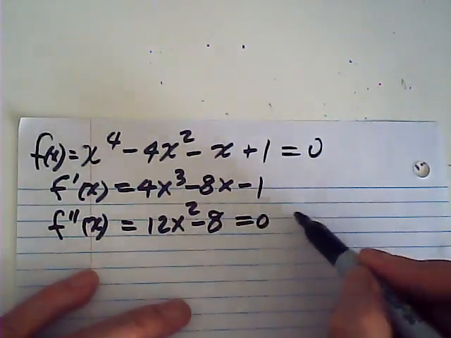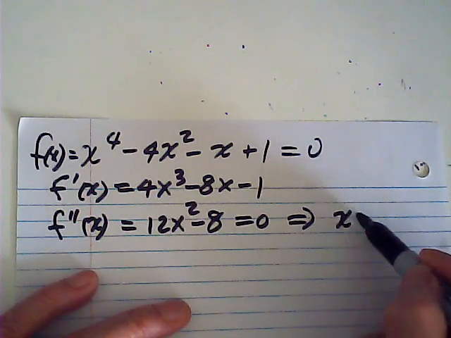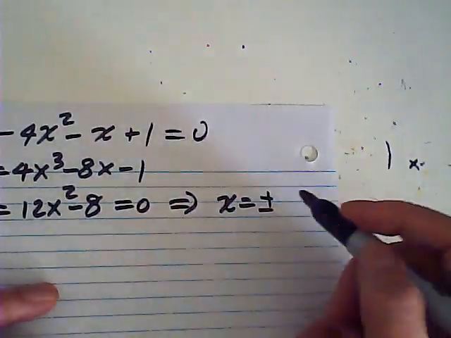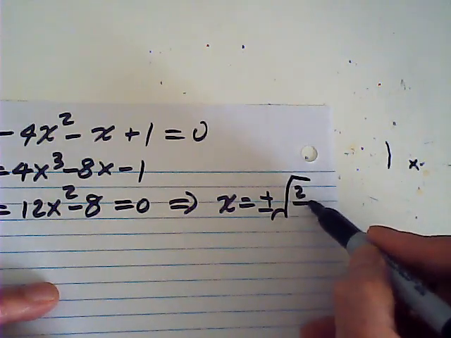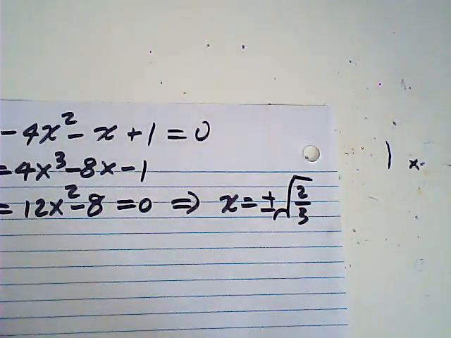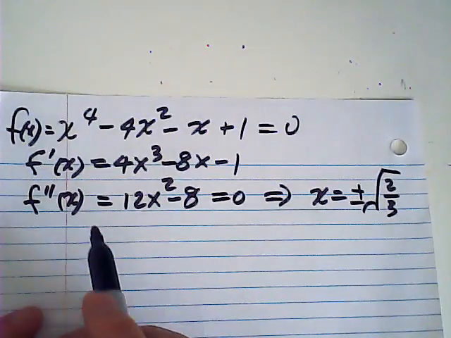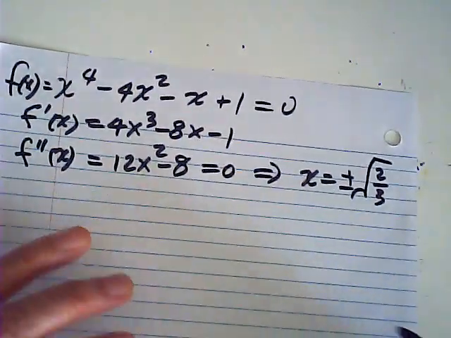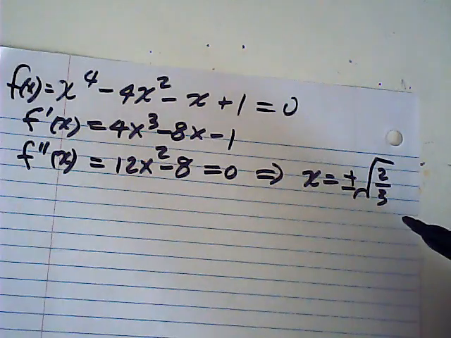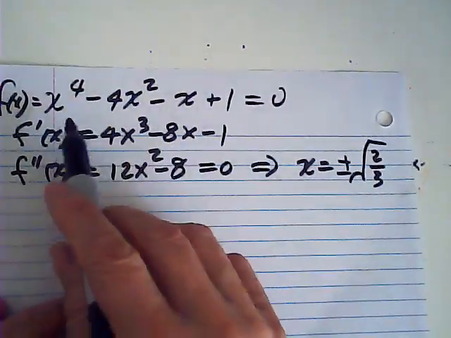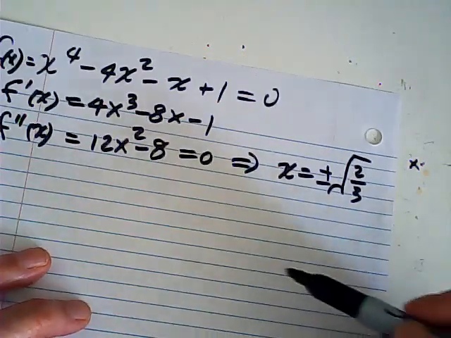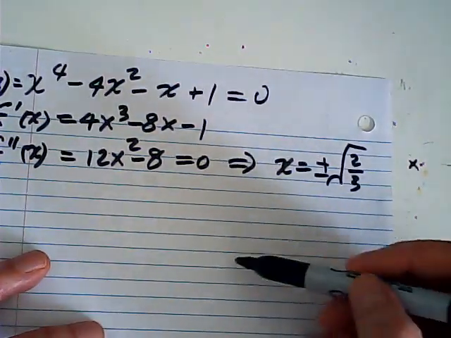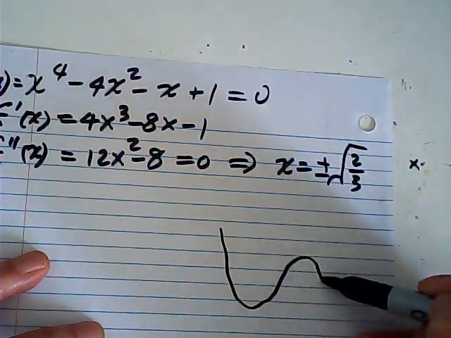If this equals 0, it means that x is equal to positive or negative square root of 2 over 3, which means that this polynomial has 2 points of inflection. See?